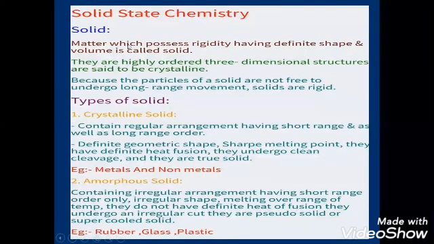Now this solid, anything that you touch and feels hard, that has a definite shape and a definite volume, we say it is a solid. Now solids are of two types. One is crystalline solid and the other is amorphous solid. Both crystalline and amorphous solids are made up of particles.